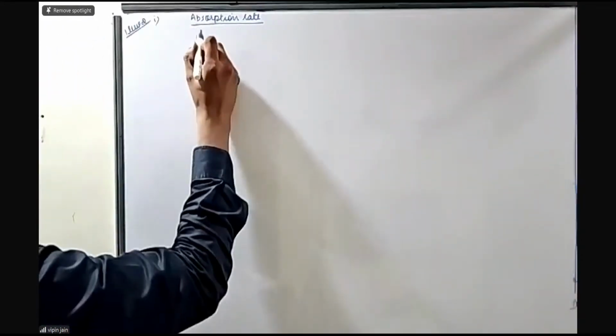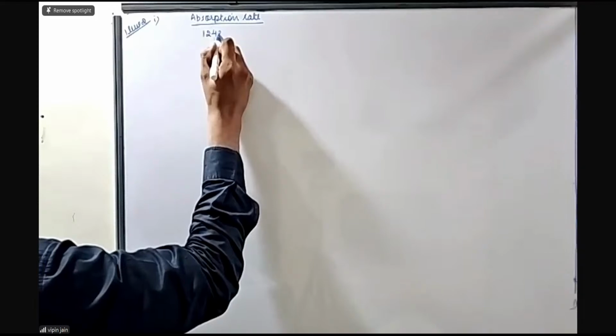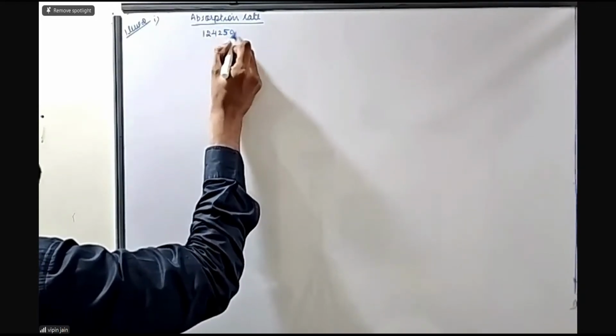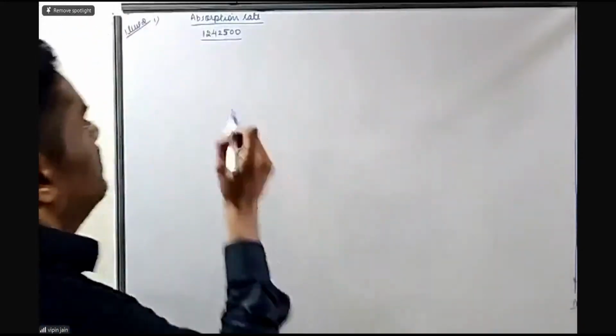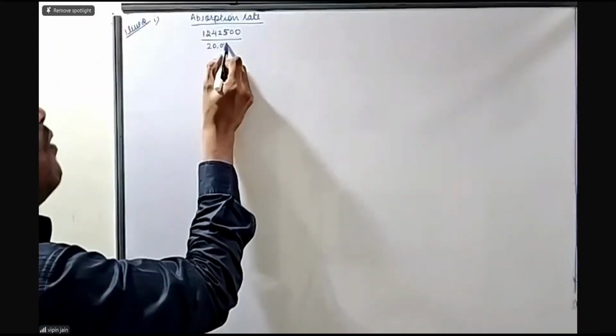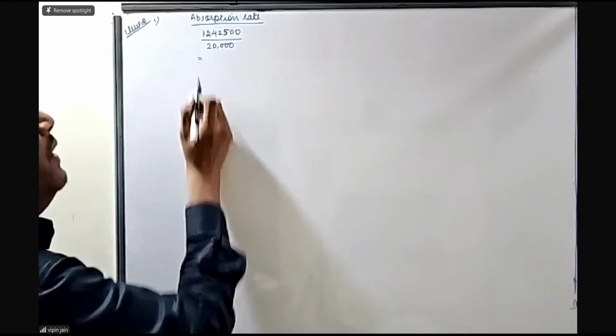So my total overheads were how much? 12,42,500 divided by my total labor hours, 20,000. So we'll get the rate per hour.